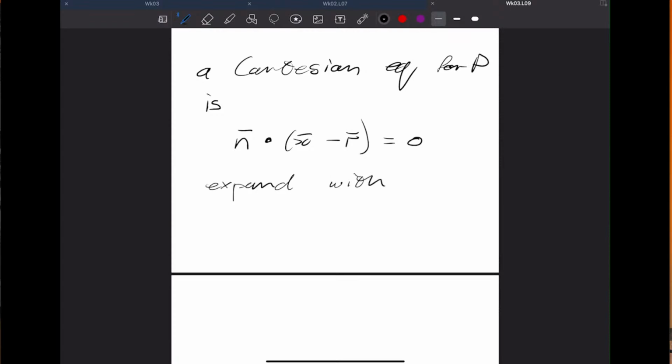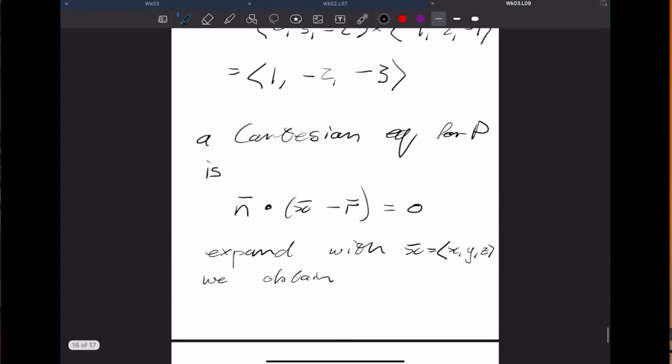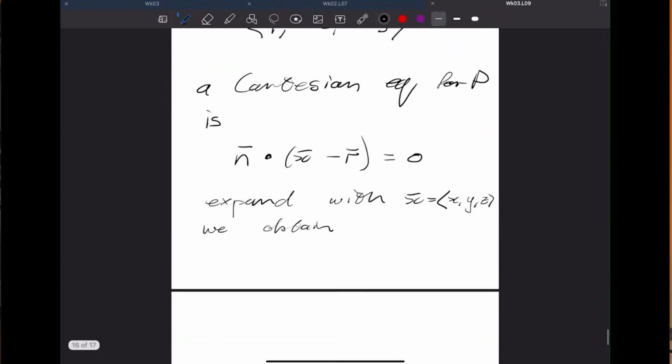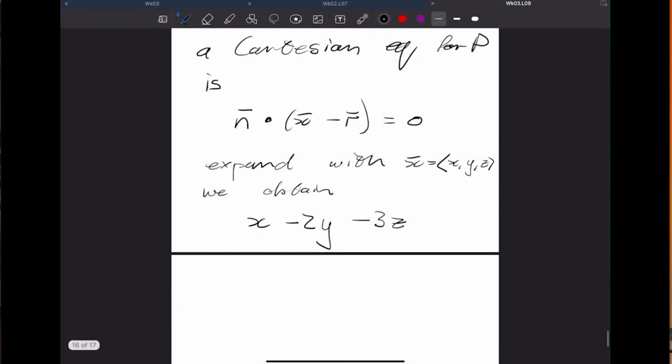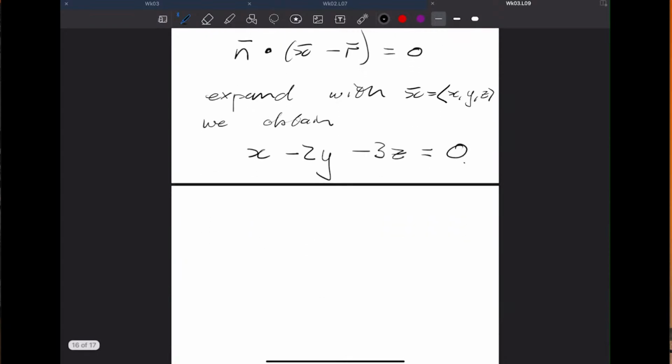If we expand with x having components x, y, and z, we obtain x - 2y - 3z = 0. Where does this come from?